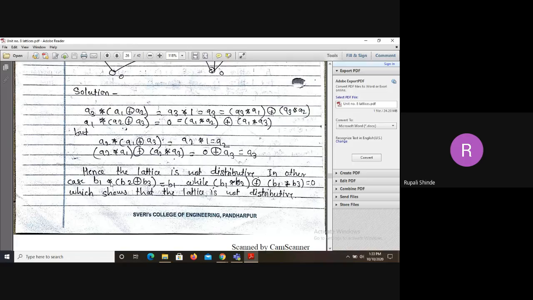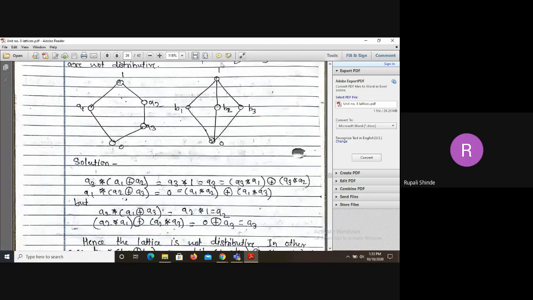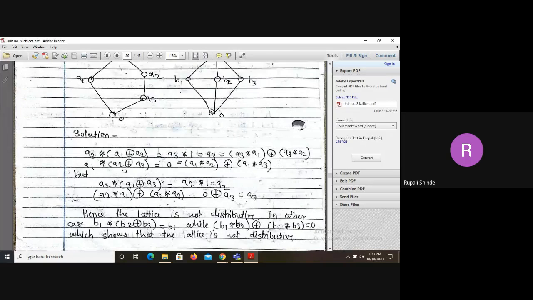So for this sequence of elements this is not matching, which means this is not satisfying the distributive property. That's why this lattice is not a distributive lattice. It is not required to check another sequence of elements because for the first sequence only, this is not satisfying the distributive property.